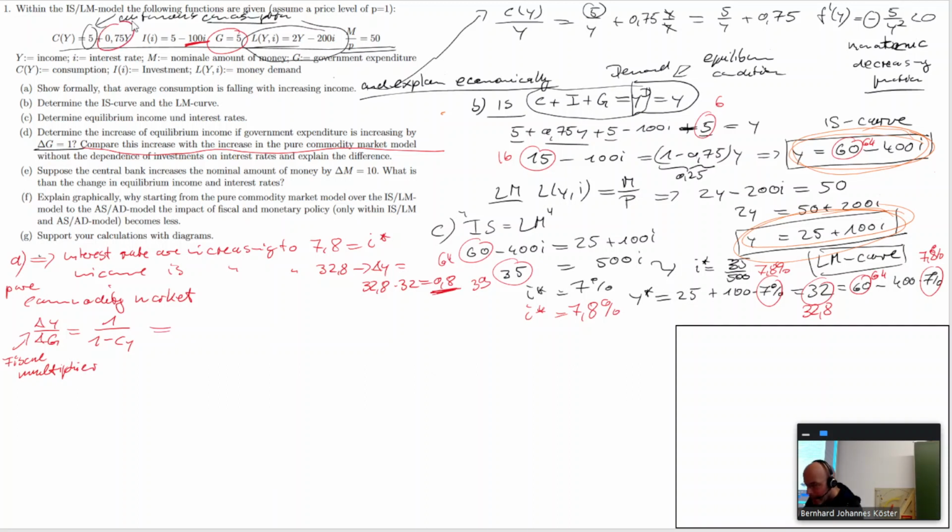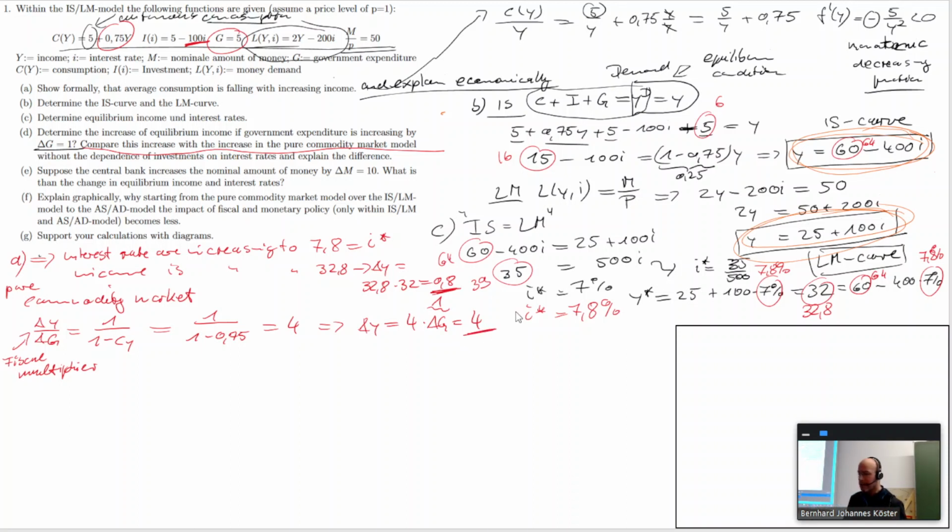Well, CY is 0.75. So 1 minus 0.75 is 0.25, and 1 over 0.25 is just 4. So within the pure commodity market, we would obtain delta Y equals 4 times delta G, and this is 1, so 4.